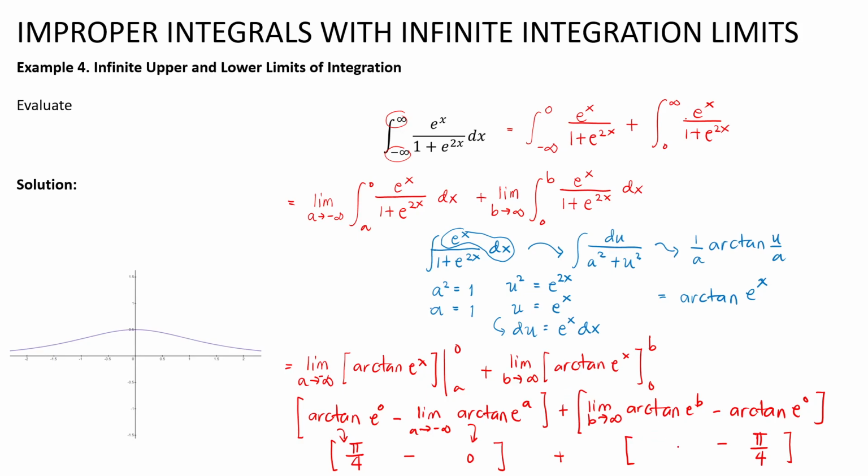So this will give you infinity. So taking the brackets off, pi over 4 minus 0 plus infinity minus pi over 4. So pi over 4 is cancelled out, 0 is also taken out of the equation. So what is left is infinity, and this is diverging because the limit does not exist.